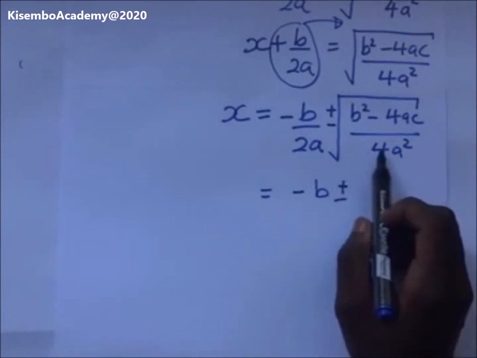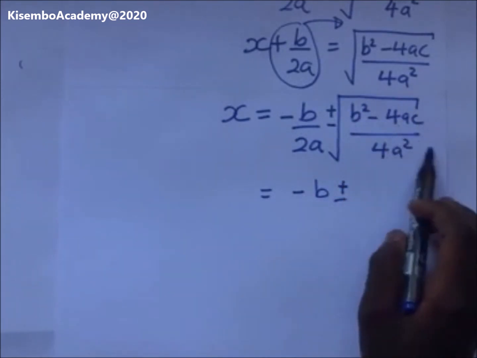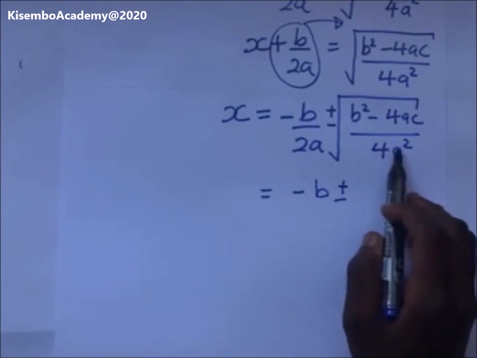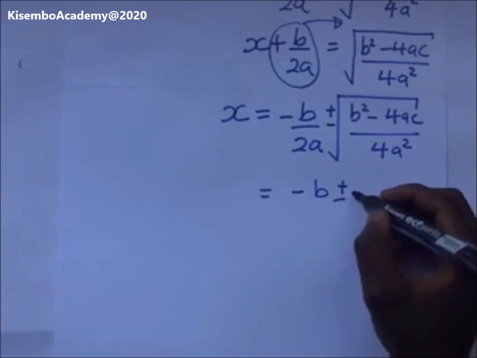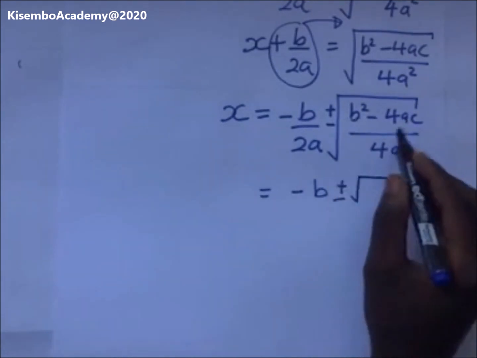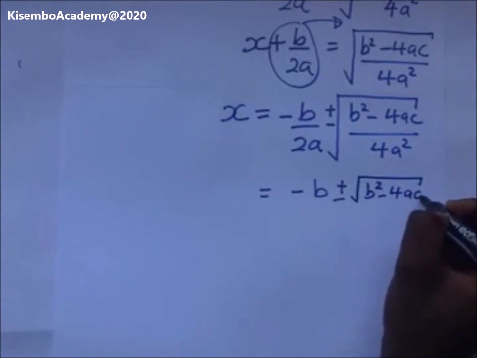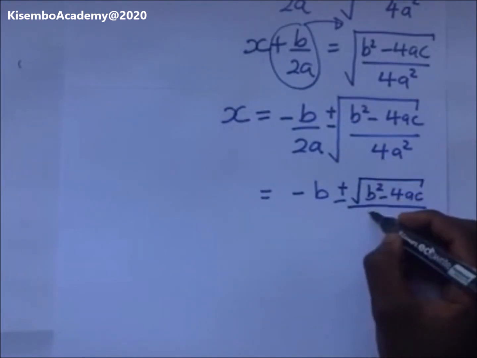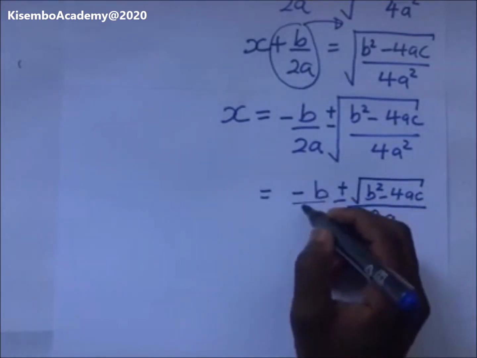The square root of this whole thing is the same as the square root of the numerator and the square root of the denominator. The square root of 4 is 2, and the square root of a squared is a, so the denominator simply becomes 2a. So what we remain with is negative b plus or minus the square root of b squared minus 4ac, all over 2a.